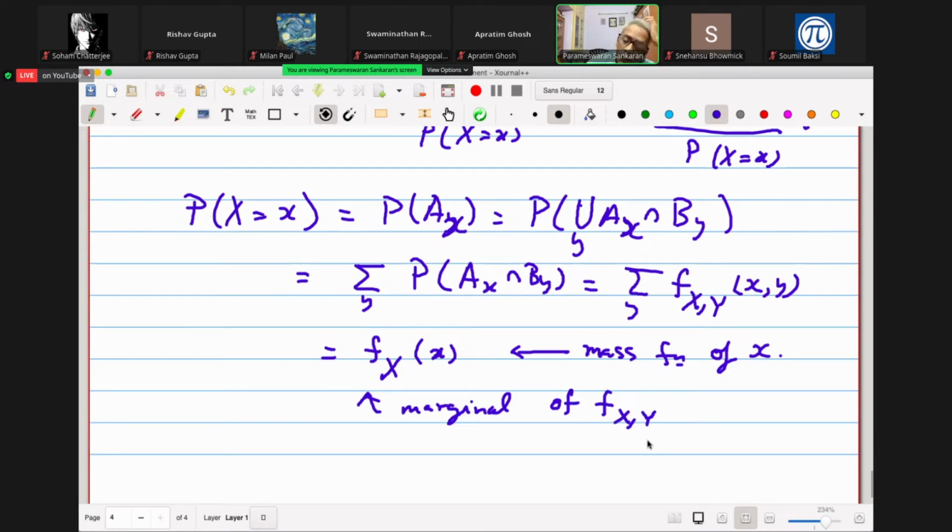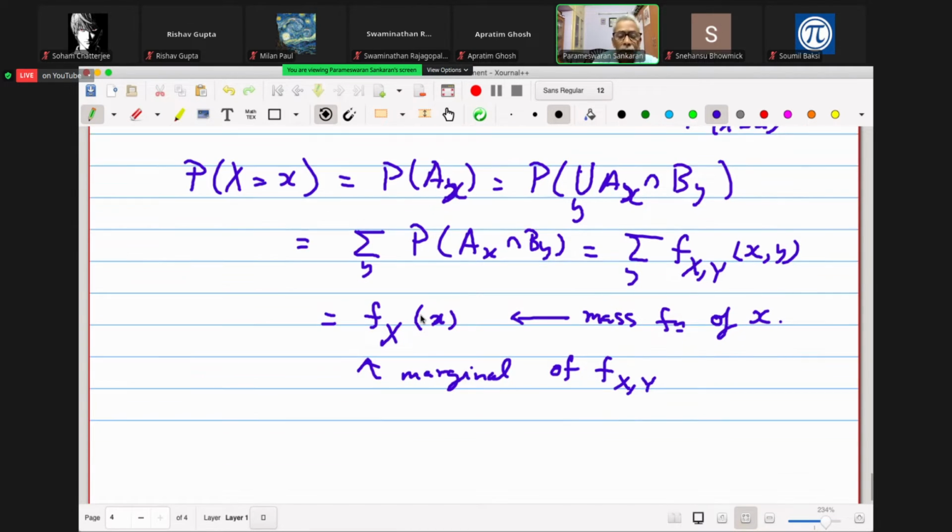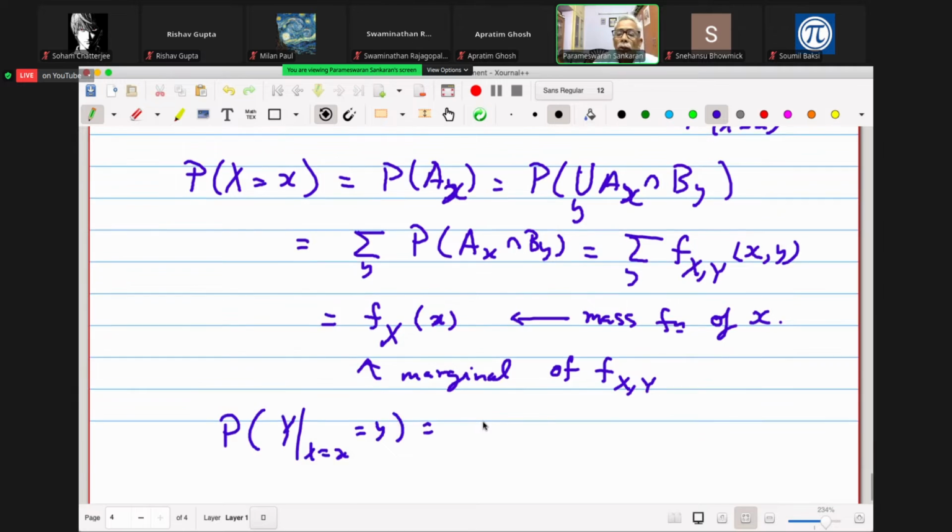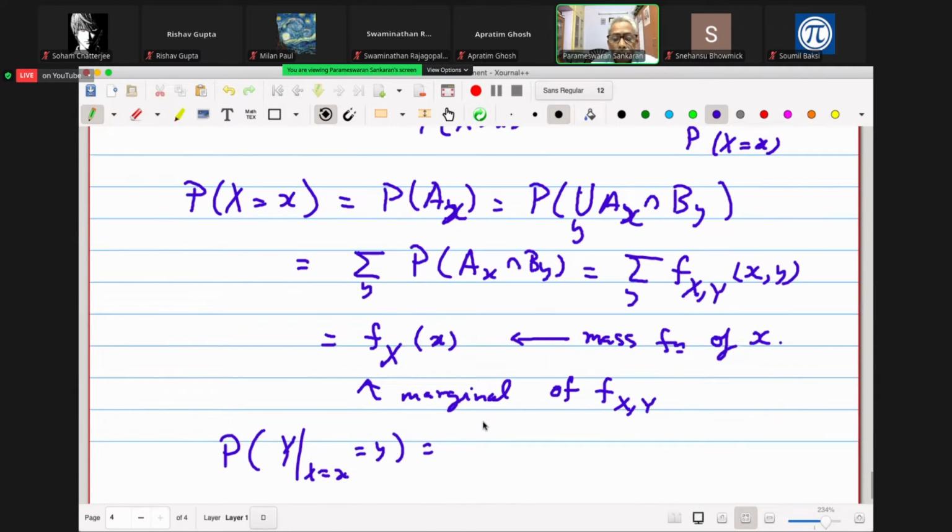So it is like you sum over all possible y. Now substitute this back in there, and what you get is the probability of Y taking value y given X equals x is f_XY of x comma y divided by f_X of x.